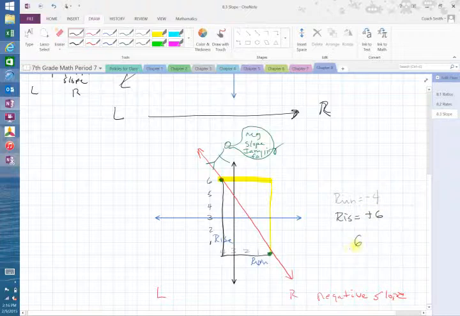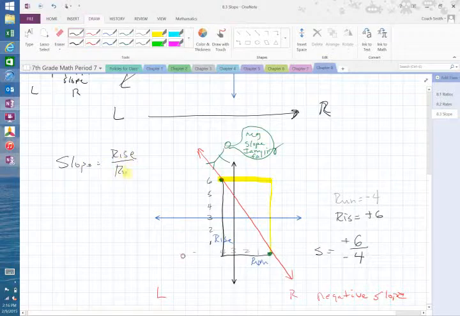Well, if I take 6 over 4, slope is equal to the rise over the run. Okay, remember, slope equals rise over run. So slope here would be equal to 6 over -4.